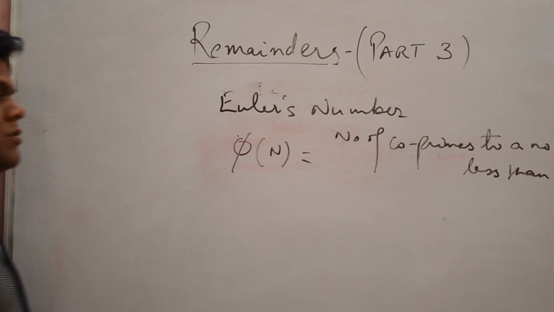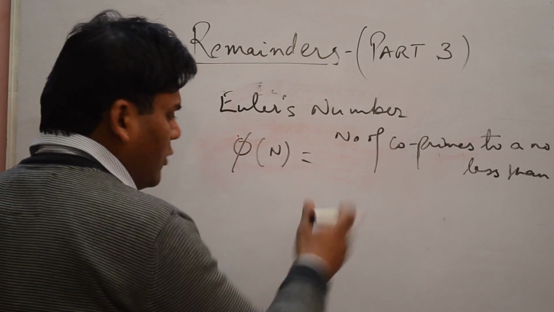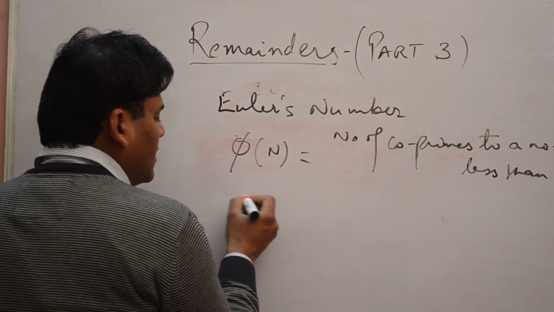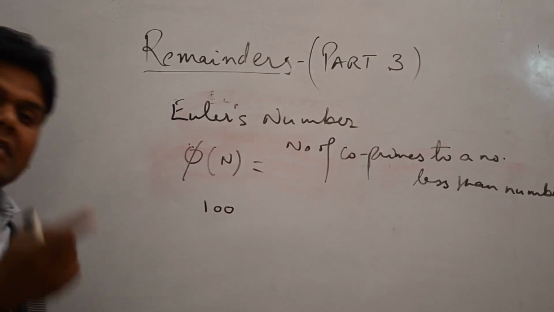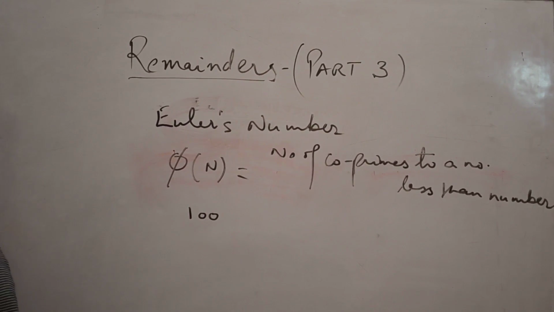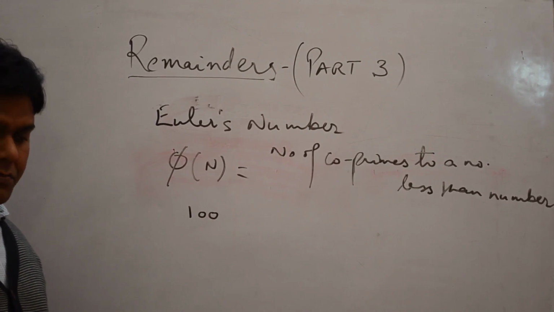I hope everyone understands the word coprime. So if I need to find the number of coprimes to 100 which are less than 100, the number of such positive integers which are coprime to 100 and less than 100.